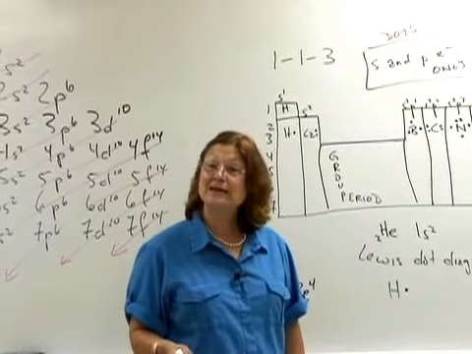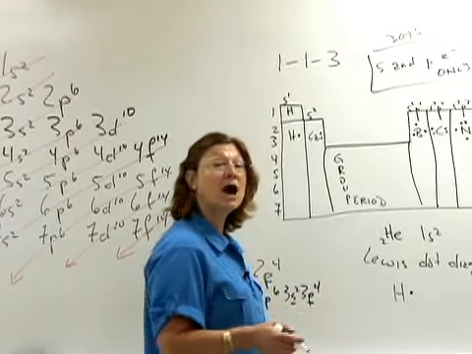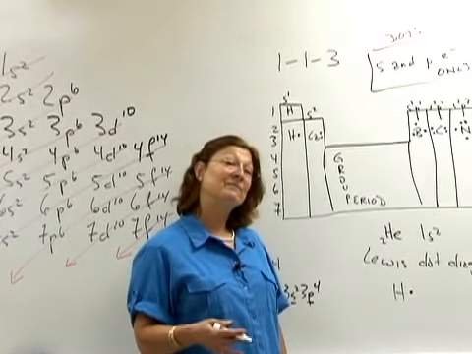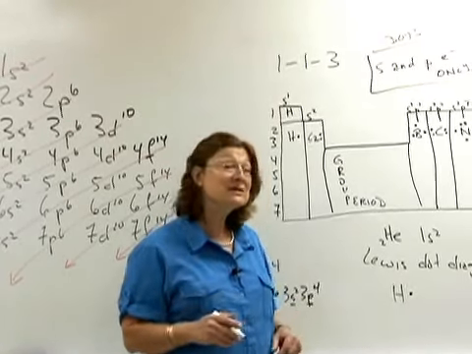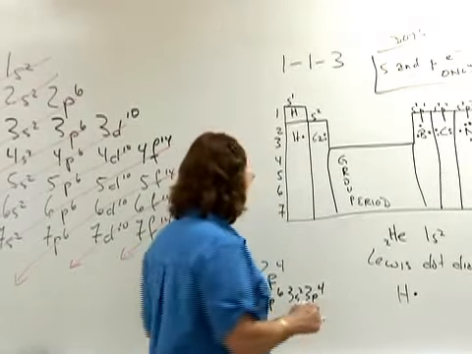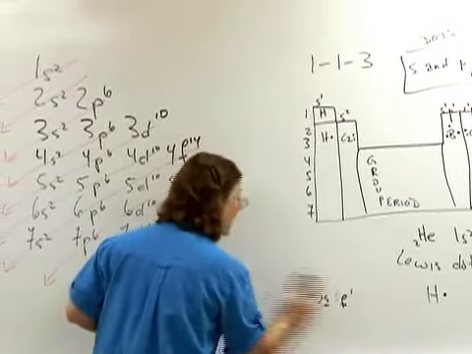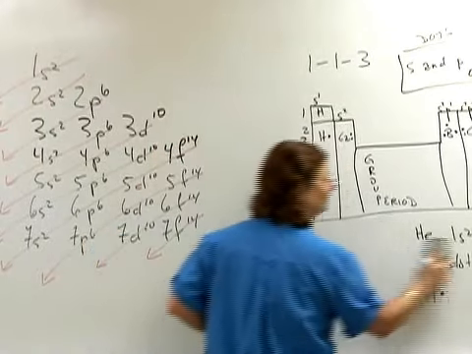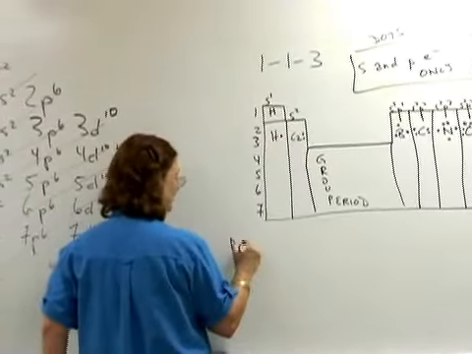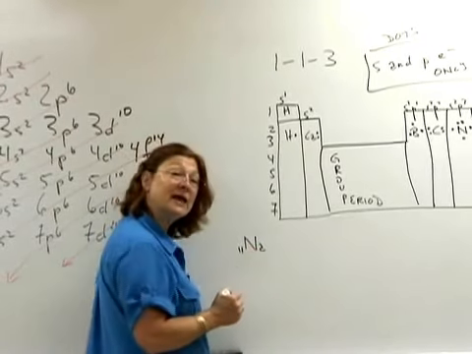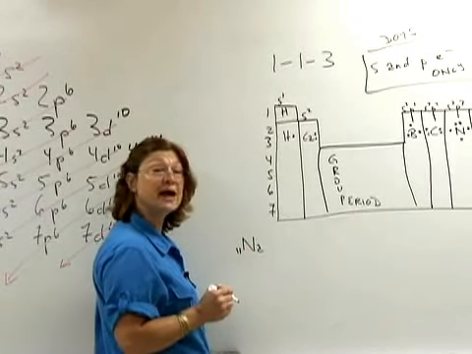Now, another thing that we need to discuss are the oxidation numbers. We talked before about ions, and that when an element gains an electron, it becomes negative, and when it loses an electron, it becomes positive. When we look at sodium, which has atomic number 11, it has 11 protons and 11 electrons in the neutral atom.